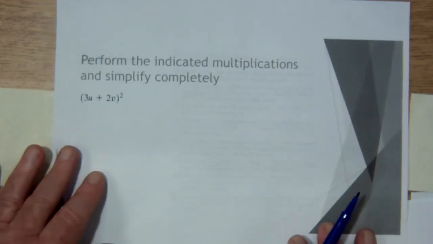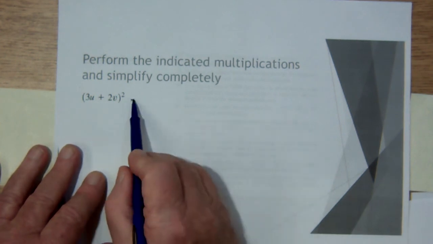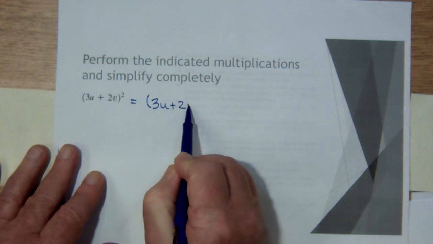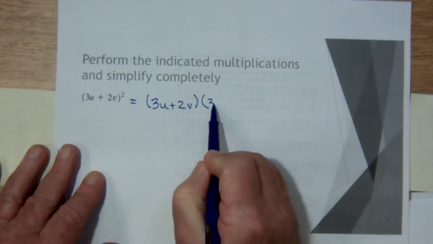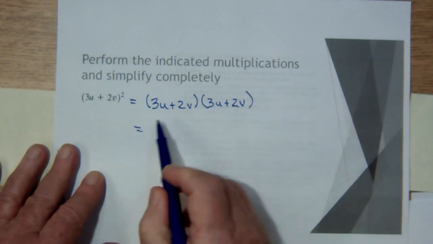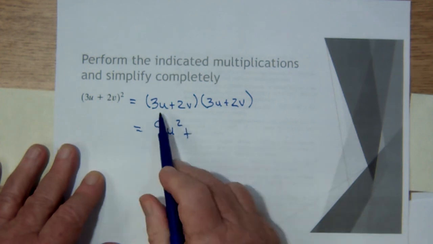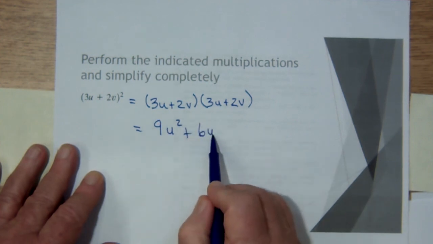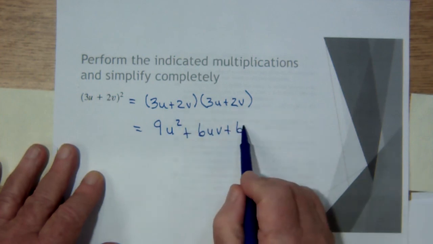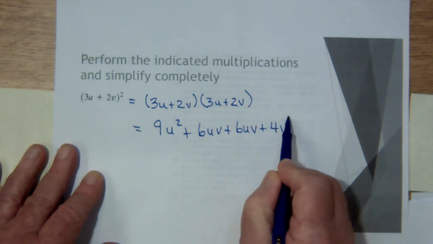Last but not least, this deals with the mistake that students often make. If you are prone to make that mistake, I encourage you to write this as (3u plus 2v) times (3u plus 2v). This then is going to be 9u squared plus 6uv plus, now we move to the next term, that is going to be plus 6uv plus 4v squared.